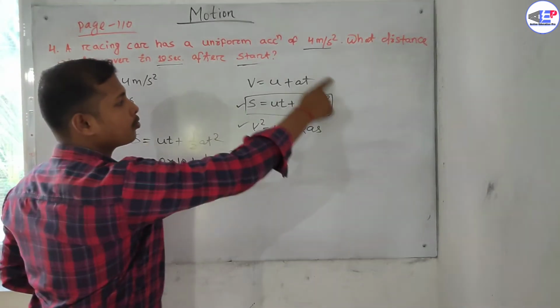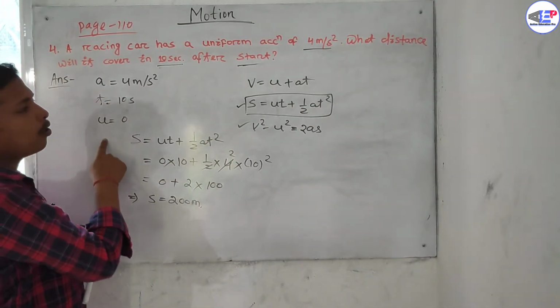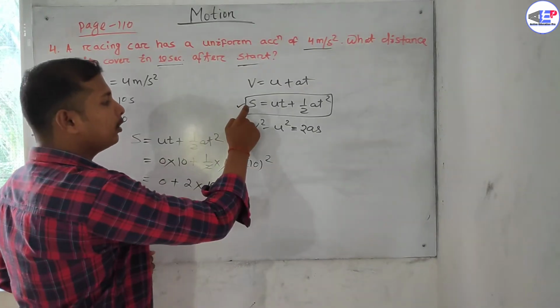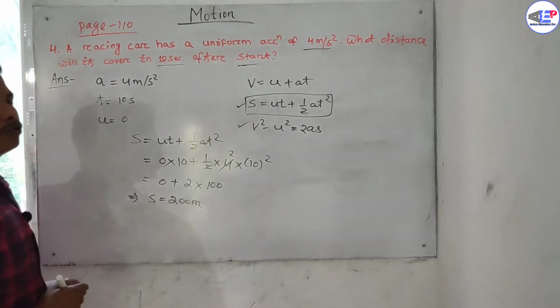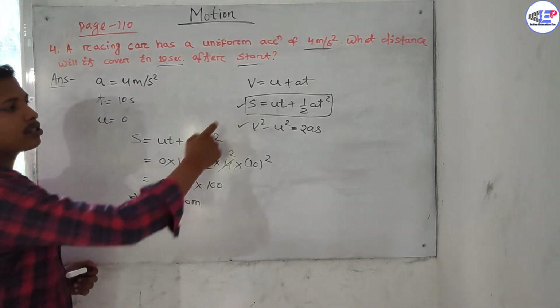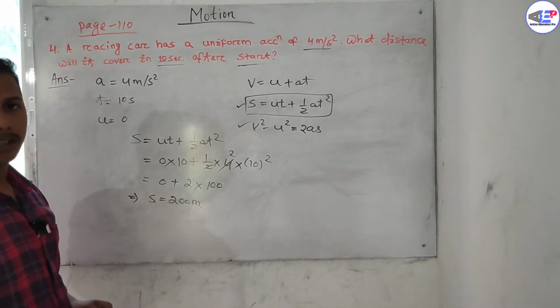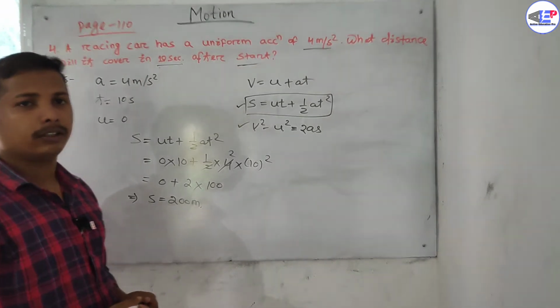From the 3 equations of motion, we saw that we have 3 values a, t and u. We can put the values in the second equation as we have to find out the distance. So by calculating the distance using the second equation of motion, it gave that s is 200 meter. Let us do another question.